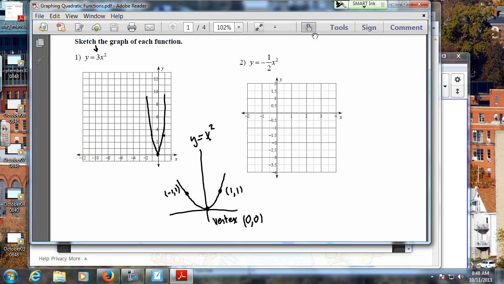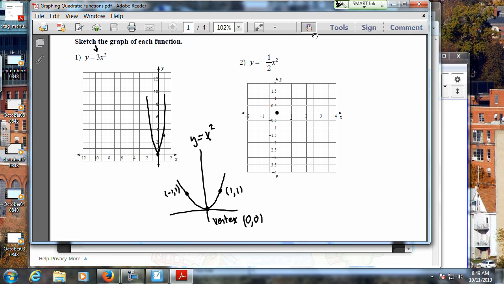Y equals minus 1/2 x squared. Well, again, the vertex is at 0, 0. They didn't indicate that point on the scale, but you can see that 0 on the x-axis is between minus 1 and 1, and 0 on the y-axis is between minus 0.5 and 0.5. So that should be the origin. And this time it opens down. When x is equal to 1, its value is minus 1/2.